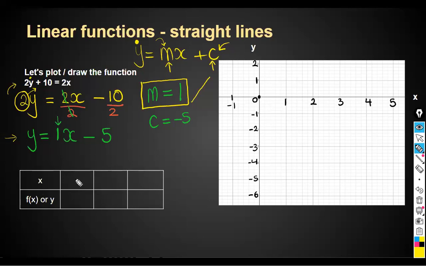So let me help you out here. Let me choose 0, 2, and 3. You think that's manageable? Go to this equation, replace x with 0, calculate y. Replace x with 2, calculate y, and so on. And then plot your graph and tell me if it really goes upwards.